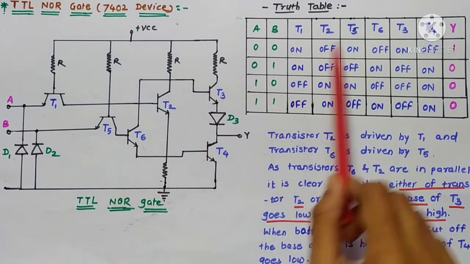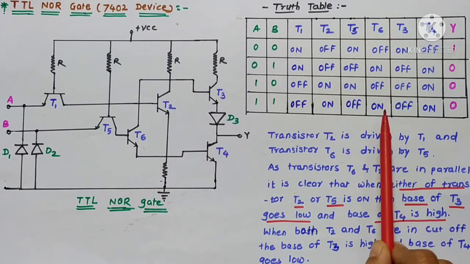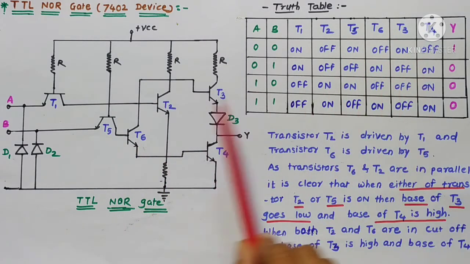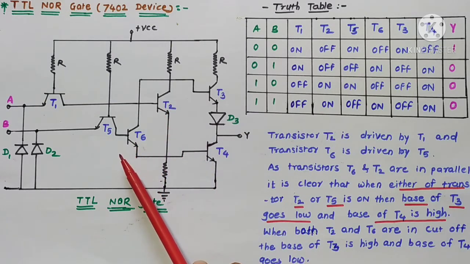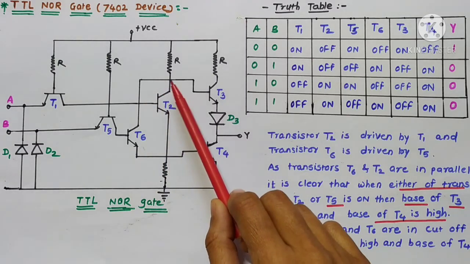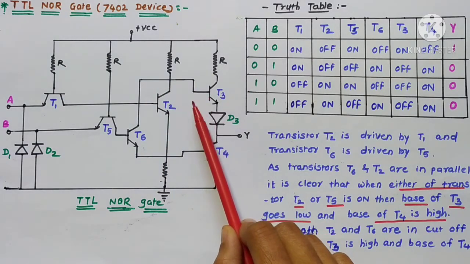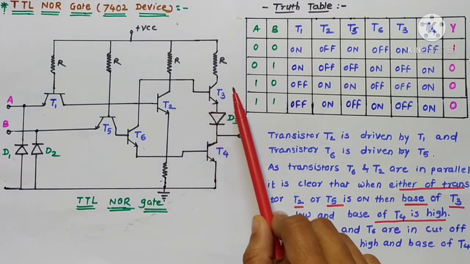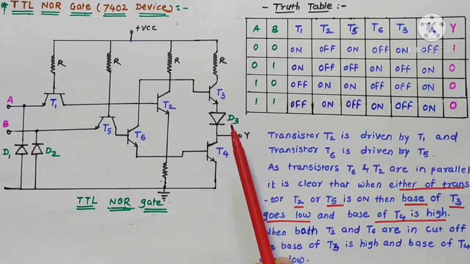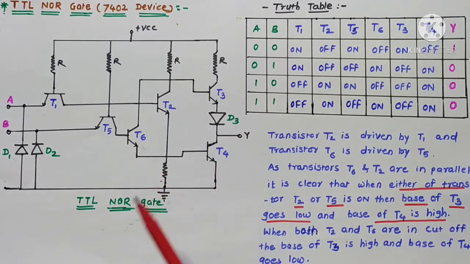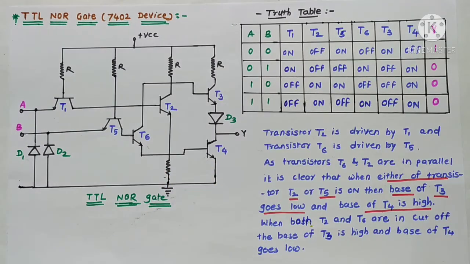In the similar way T6 is off, so T6 is on, and as both the transistors T2 and T6 switch on, due to the lower collector it will make the base of the transistor T3 lower, therefore this T3 is off and T4 is on. In this way today we have completed the working of TTL NOR gate.